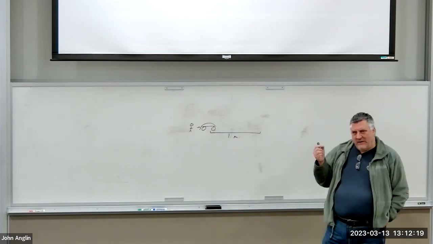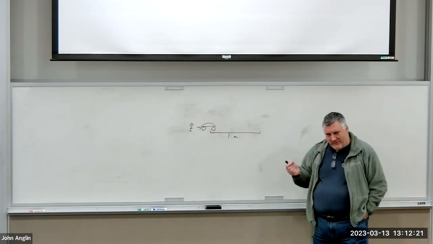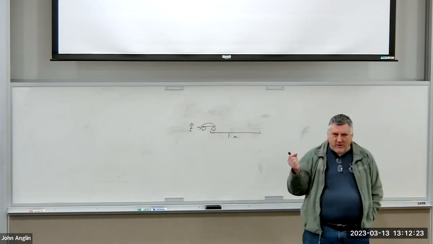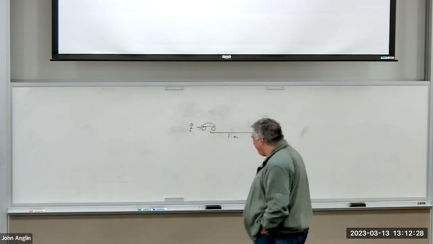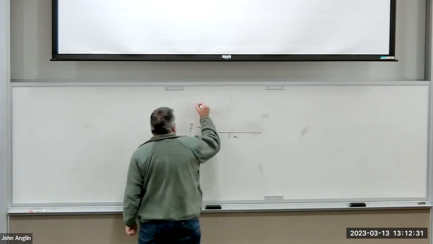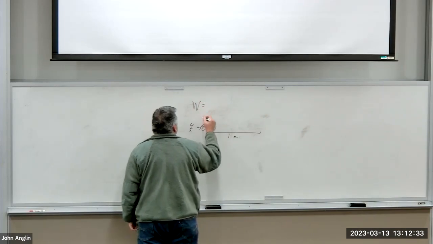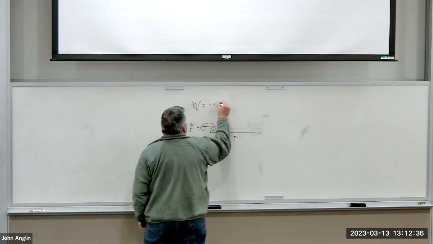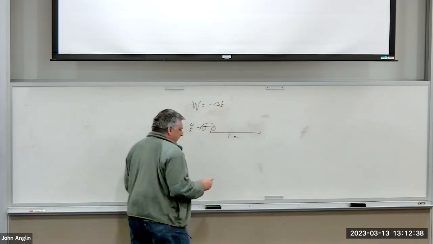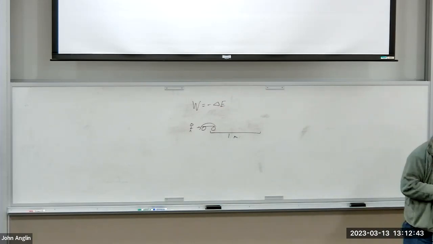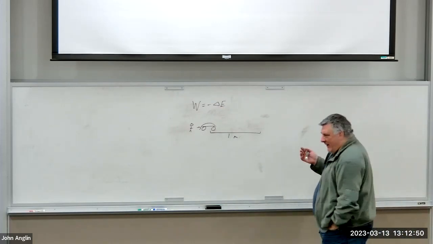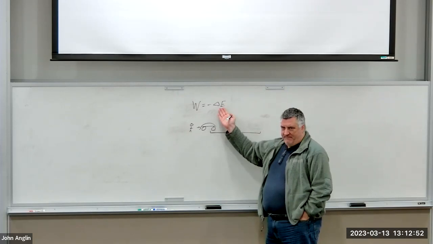Work is actually a term in physics. Work is related to the amount of energy in a system. In fact, there's something called the work energy theorem. That says the work that is put into a system, or the work that is done by a system, is the opposite of the change in energy.